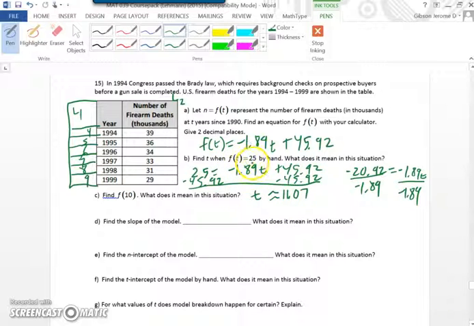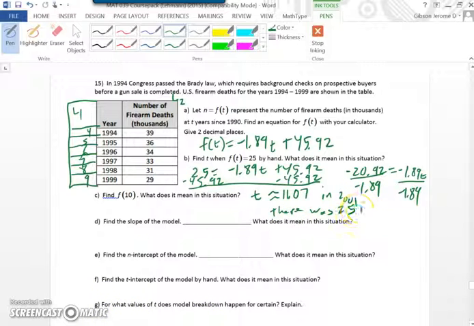That means that since f of t is equal to 25, this t represents the year. So since the year 1990, we could say in 2001, there were, what's that, 25, I believe that this is in millions, oh, in thousands.